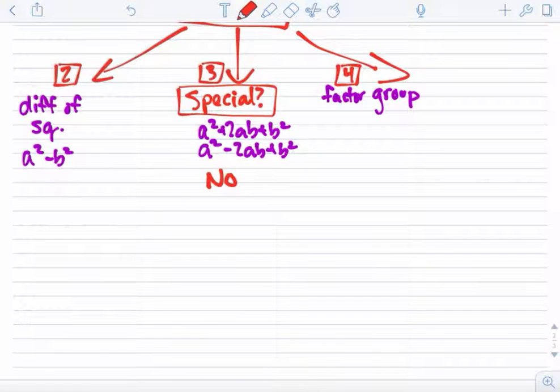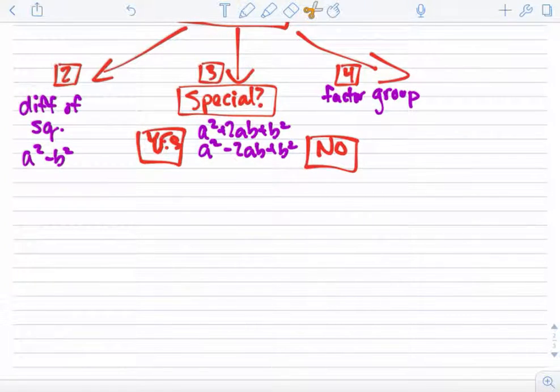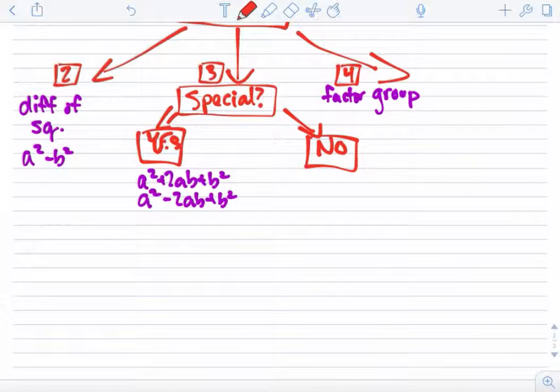That's a yes if it's special, and no if it's not.